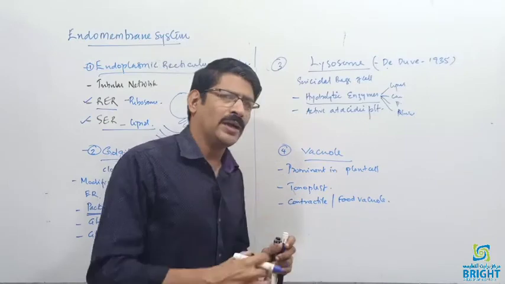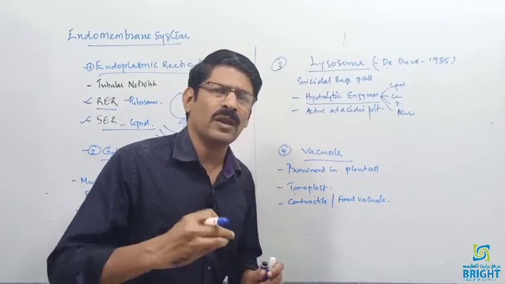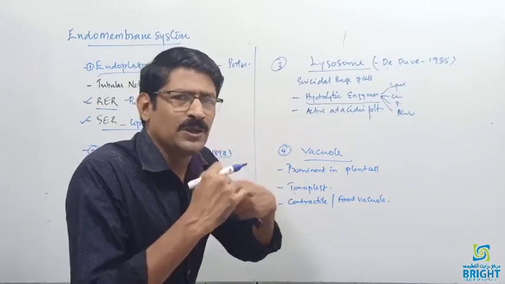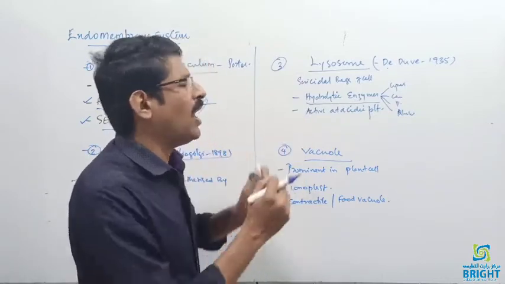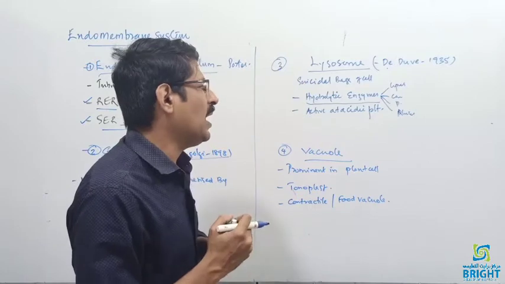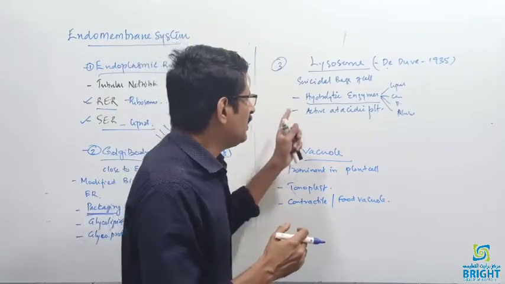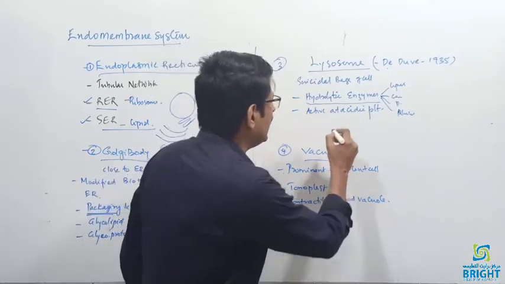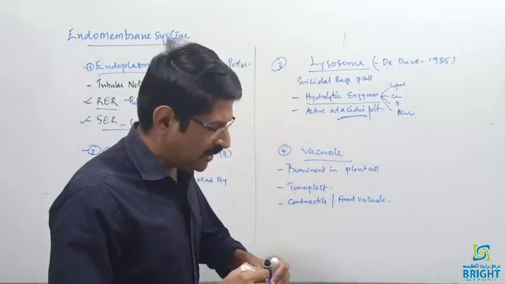So it is active in the case of immune cells like phagocytic cells or WBCs. When one captures a foreign particle, it releases the hydrolytic enzymes and they degrade the foreign particle. And these hydrolytic enzymes are optimally active at acidic pH.